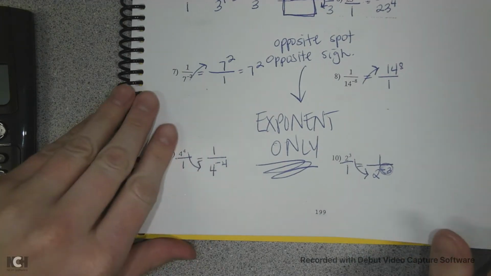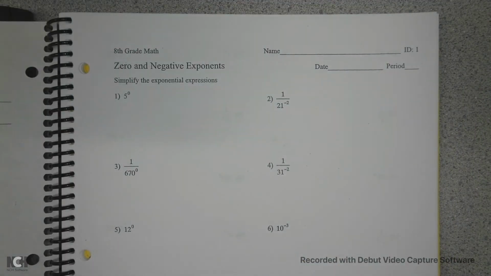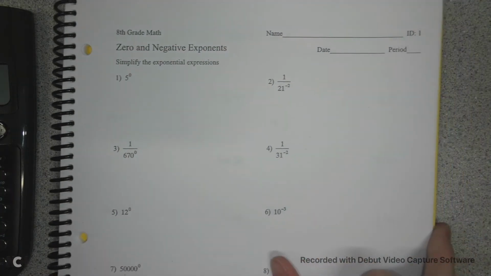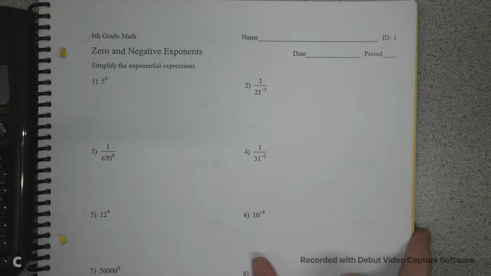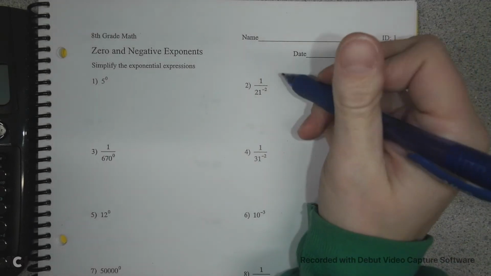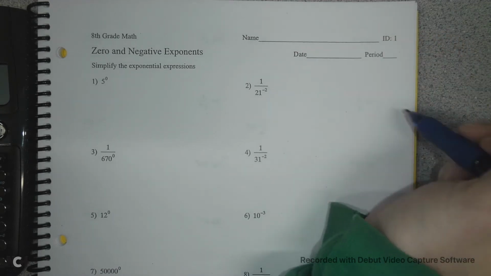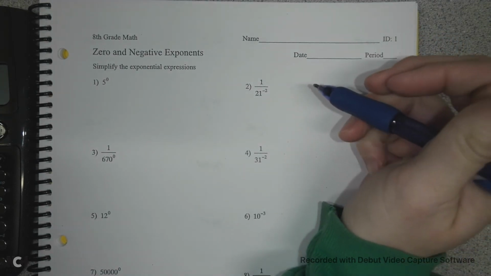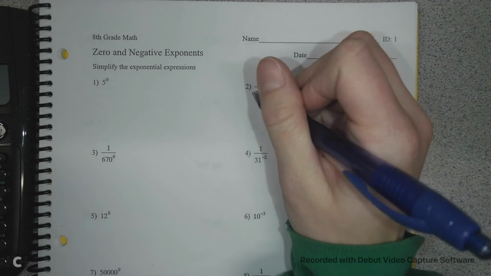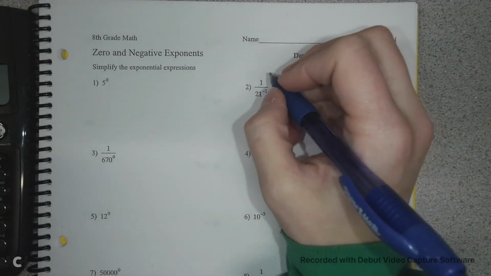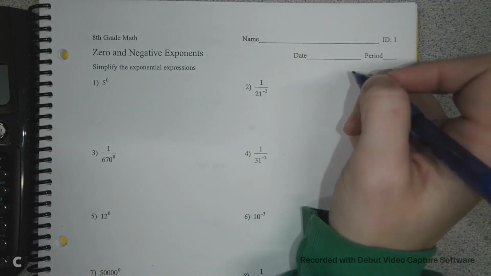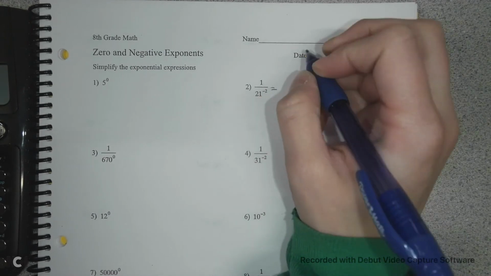Okay, let's do a few more together. So what you're going to do is write both the positive and negative version of this answer. And then if you wanted to, you could actually figure out what this number was. So right now we already have the negative version of this answer, so we're going to rewrite it as the positive version.